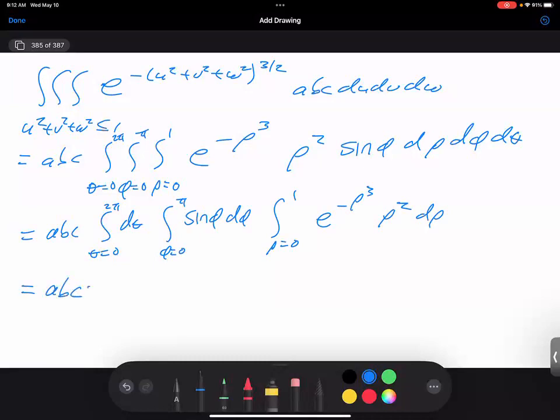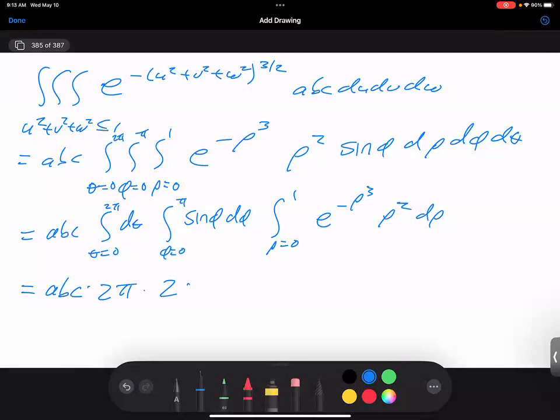What do I get when I do the theta integral? I just get 2 pi. Now I have to integrate sine of phi. What function has derivative sine of phi? Negative cosine. When you evaluate it at pi and subtract at 0, you just get 2. I'll leave you to do that integral.